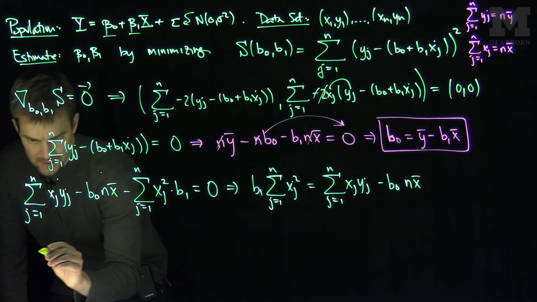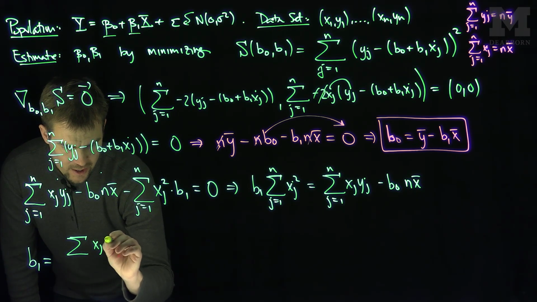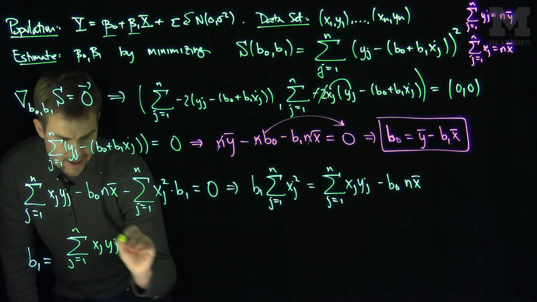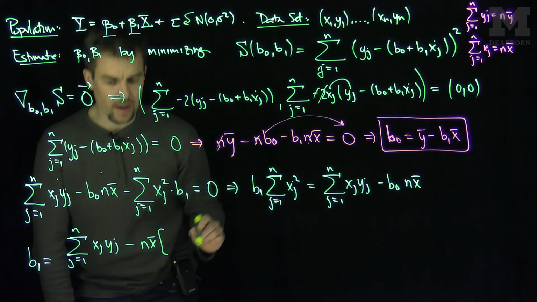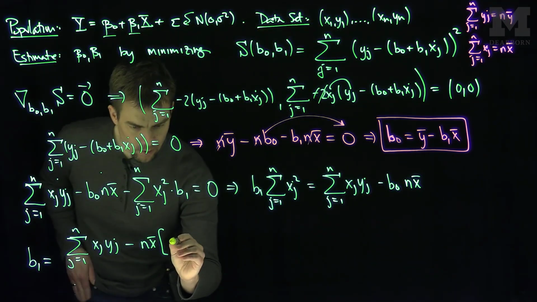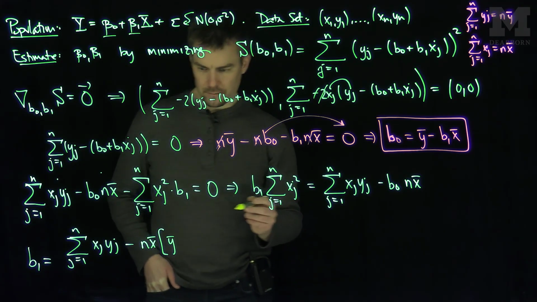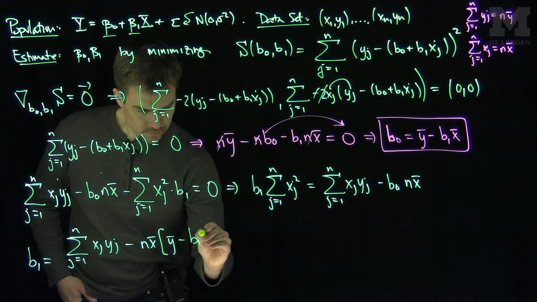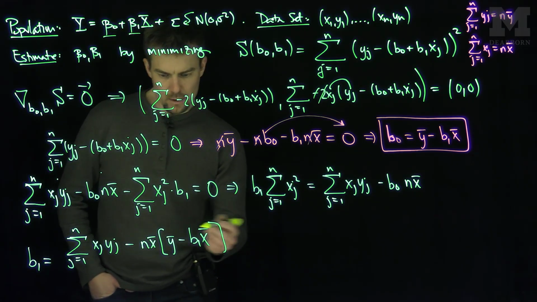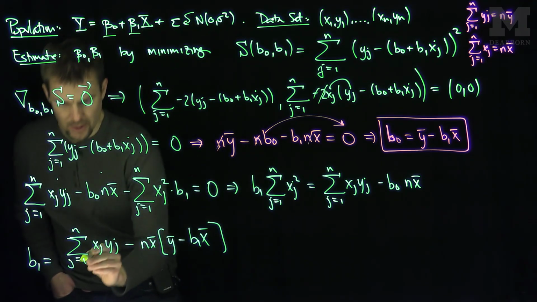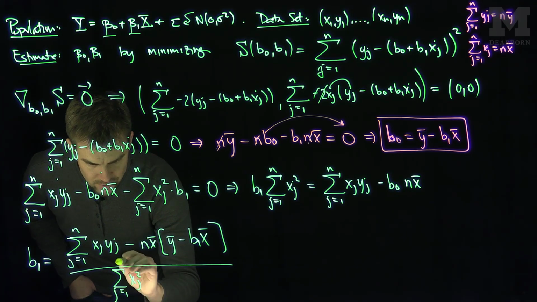So our relationship says that b1 is equal to the sum of xj yj, j goes from 1 to n, minus n x bar times b0. But what's b0? b0 is y bar minus b1 x bar, all divided by, and let's keep the sum of xj squared over there, the sum of xj squared, j goes from 1 to n.